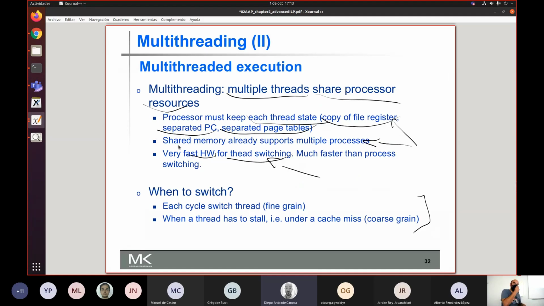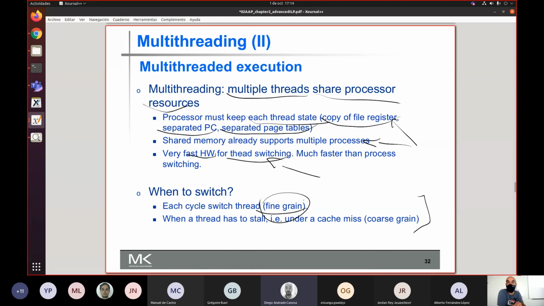So as always, we have a gradation, and on one edge, we have fine-grained switching. This means that we switch the thread every cycle. If we are executing two threads in a core, in a processor, in the first cycle I execute one stage of one instruction of one thread, and then the next cycle I change completely.